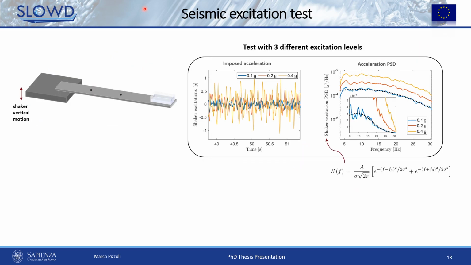Then the second type of test performed consists of seismic excitation imposed here at the root of the beam through the shaker, and three different excitation levels were selected at 0.1, 0.2 and 0.4 G, having a Gaussian power spectral density as represented in this figure on the right.